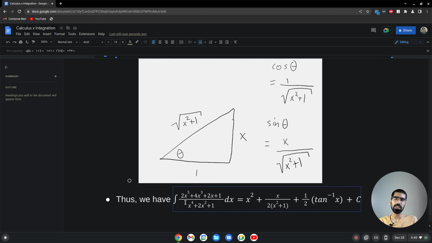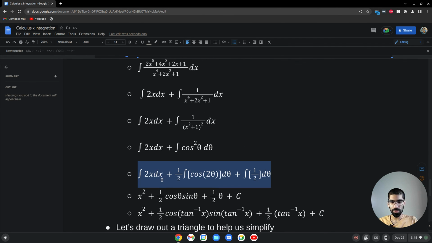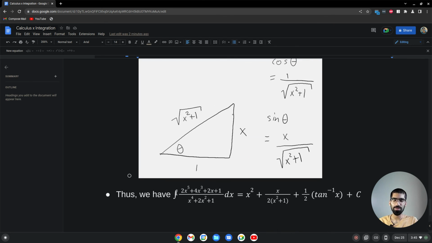However, it is interesting at least to note just how much effort mathematicians are willing to go through to go from one step to the other step to the other step, just so that they can take an integral that's written in a way they don't like and transform it into an integral or a series of integrals that they do like. It's kind of weird. Mathematicians are odd people.